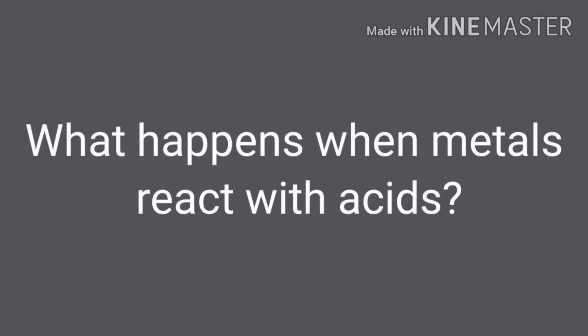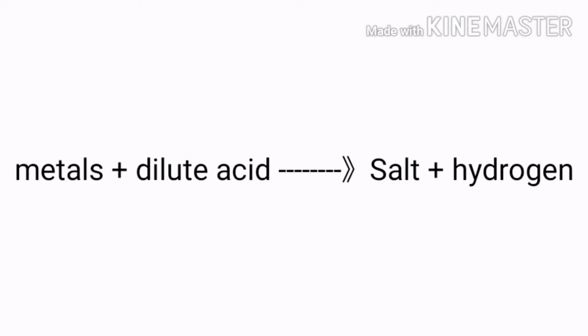And we have learned in the neutralization reaction in acid, base, and salt that a base reacts with acid to form salt and water. So here, the metal acting as a base will react with the acid to form salt, and during this process, hydrogen gas will be released. The equation is: metals reacting with dilute acid giving salt and hydrogen gas.